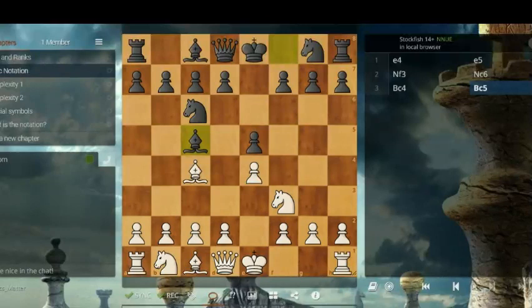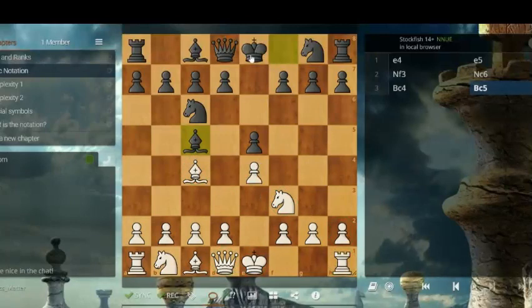So, as you can see, each piece also has a specific letter that differentiates it from the others. For example, a pawn doesn't have any letter, a knight has an N, a rook has an R, a king has a K, a queen has a Q, and a bishop has a B.